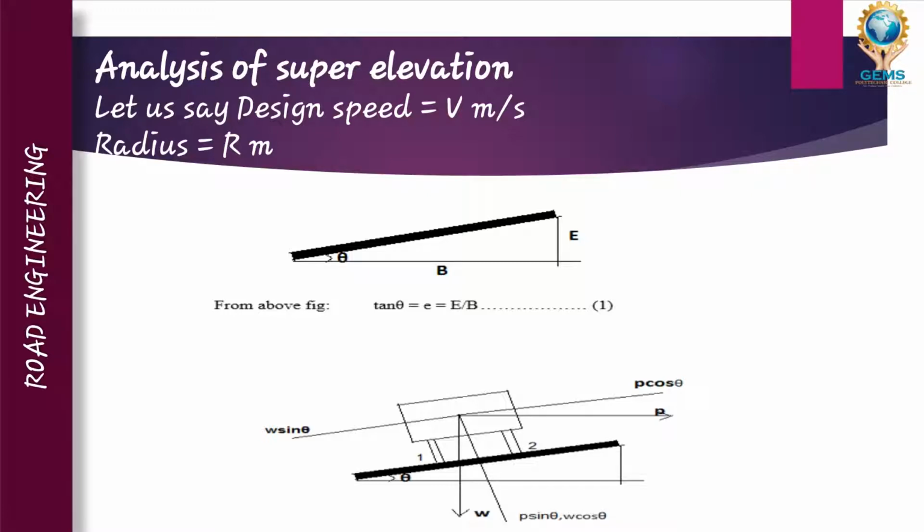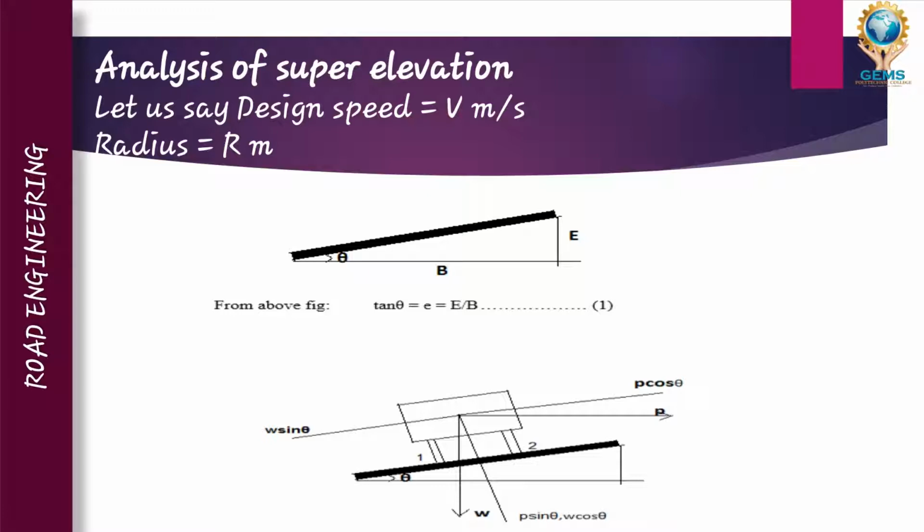Tan theta is equal to E by B, that is elevation by base. In the next image, when the vehicle moves, the inner component will be W sin theta and the outer will be P cos theta, because the power is in the outer edge and the weight, the center of gravity, is on the lower side. So P sin theta and W cos theta will act on the base.